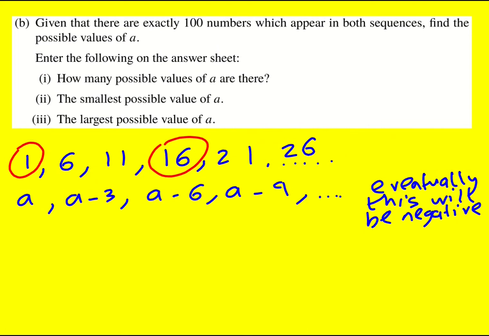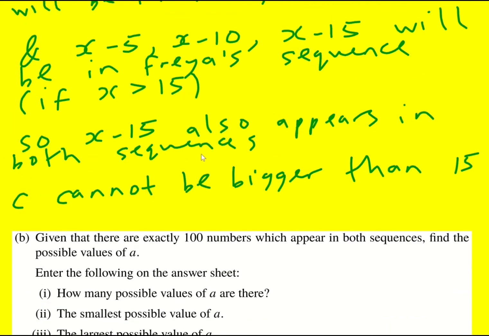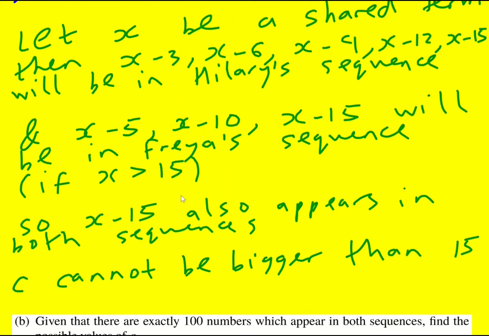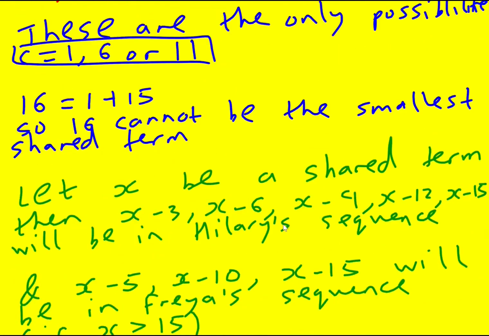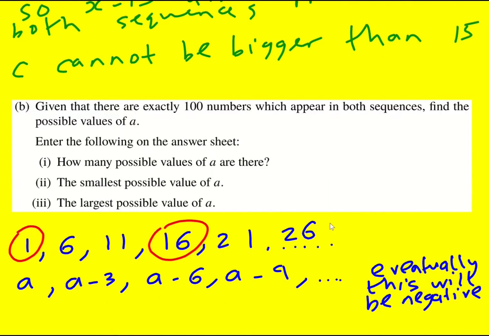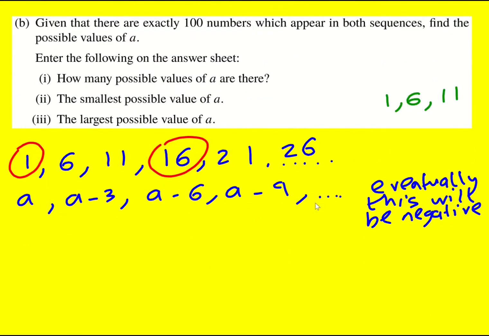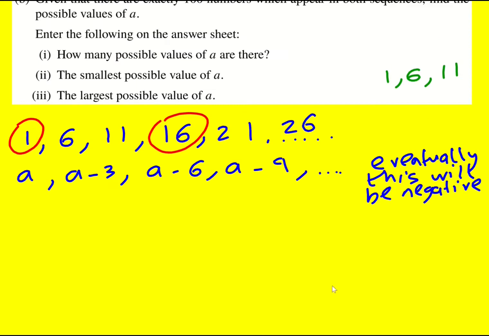Now, let's not forget what we've just looked at in part A. We had that the smallest common term was either 1, 6, or 11. So the focus has got to be on this second sequence.